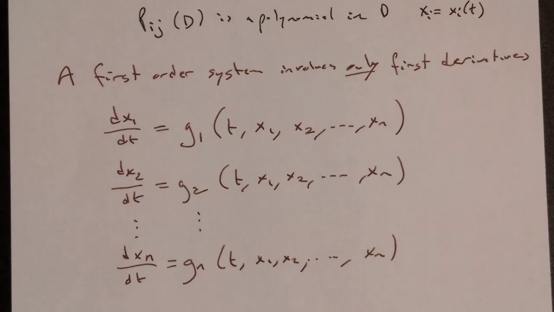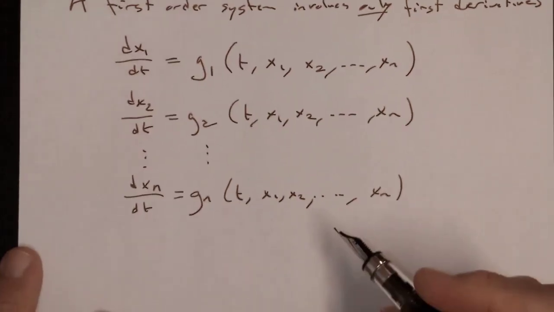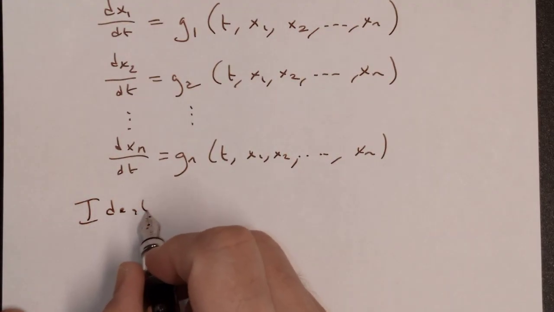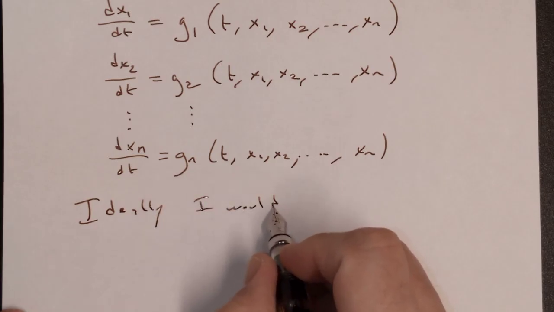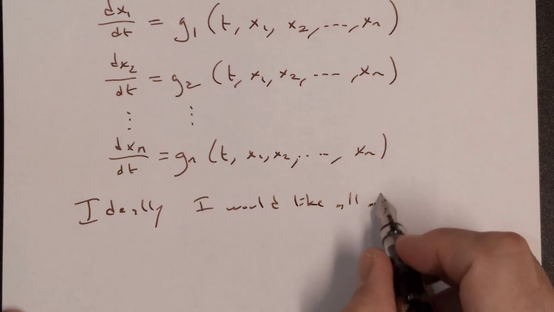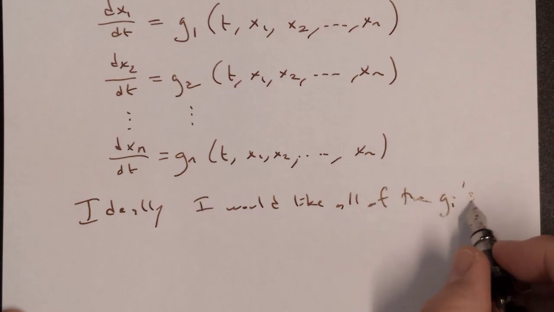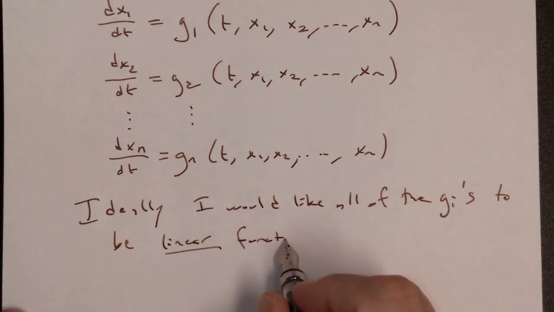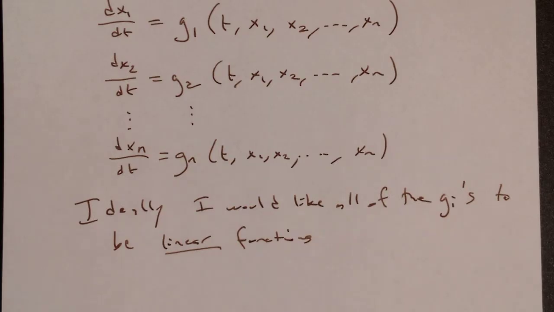Now I'm going to ask the same question I asked back in chapter 1. What the hell do you mean by nice? Well, nice in this case, ideally, would mean that these functions are linear. Okay, wait a minute.